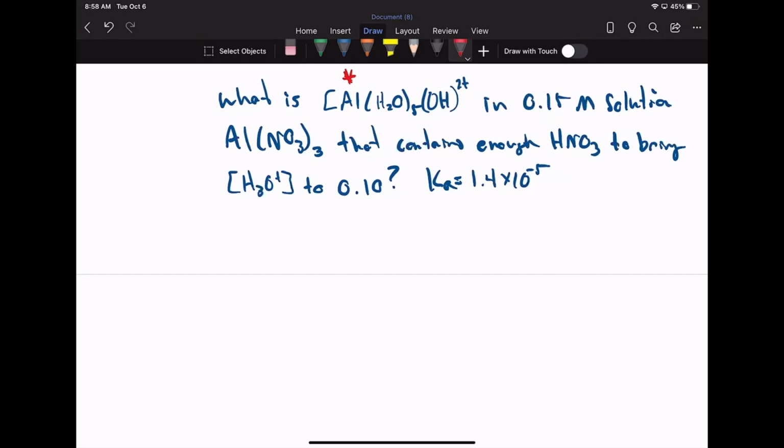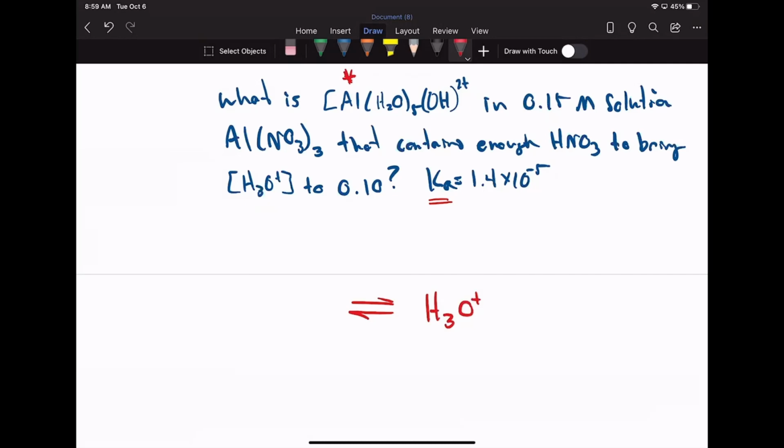Well, let's come up with some kind of formula first. If I have the Ka already, that means that our product is going to be the hydronium. This takes a little bit of analytical thinking here, because I have the Ka, I know that I'm going to have H3O plus.